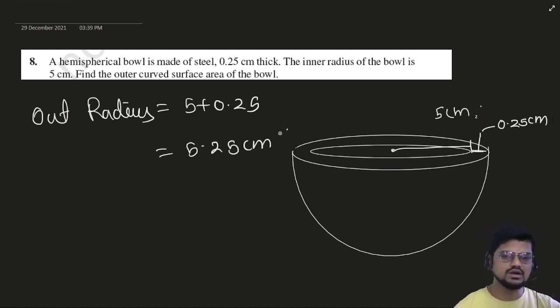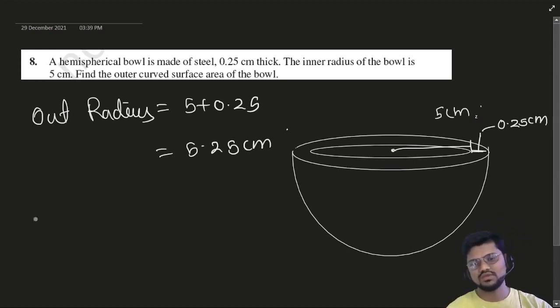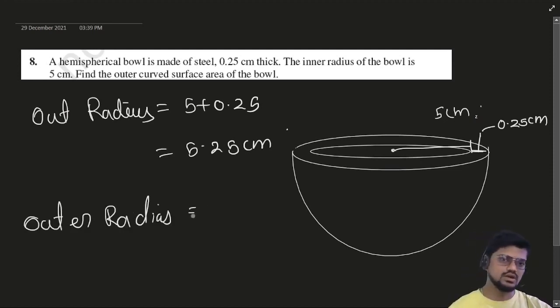Find the outer curved surface area of the steel. They are saying only the curved surface area. So your outer radius would be the same, that is 5.25 only. Find the outer curved surface area of the ball.